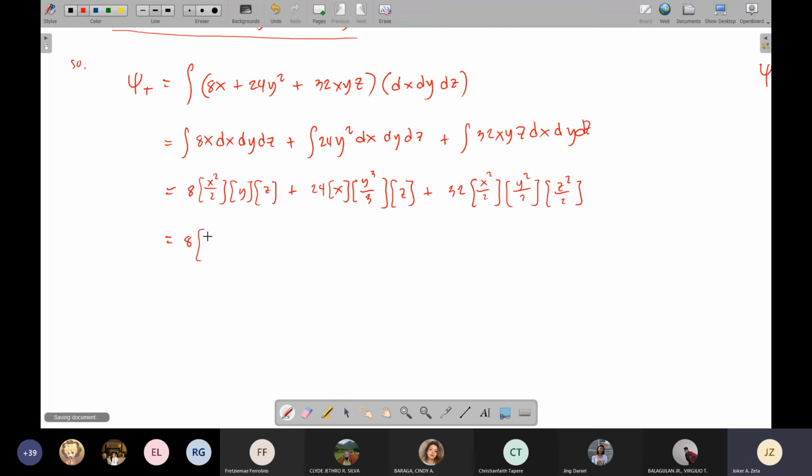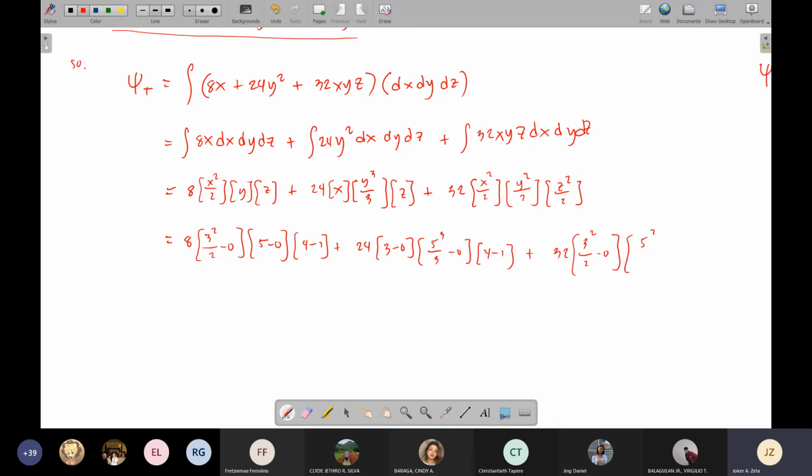So, this would be 3 squared over 2 minus 0 times 5 minus 0 times 4 minus 1 plus 24 times 3 minus 0 times 5 cubed over 3 minus 0, times 4 minus 1 plus 32 times 3 squared over 2 minus 0 times 5 squared over 2 minus 0 times 4 squared over 2 minus 1 squared over 2.